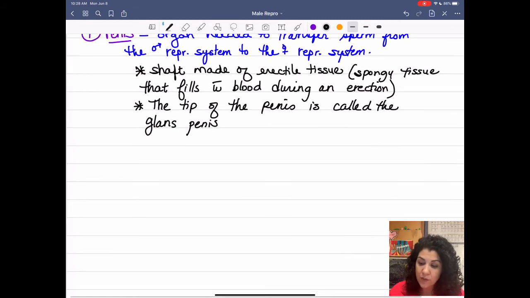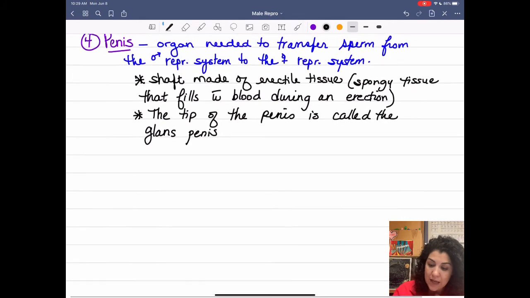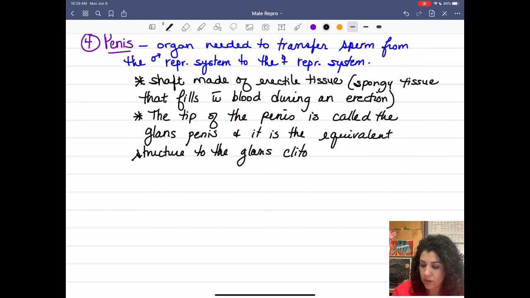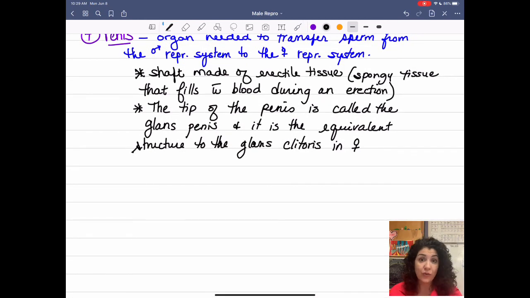Okay, so the tip of the penis is called the glans penis, and it is the equivalent structure to the glans clitoris in females. Okay, and just like the glans clitoris, it's full of nerve endings. It's very sensitive, obviously.